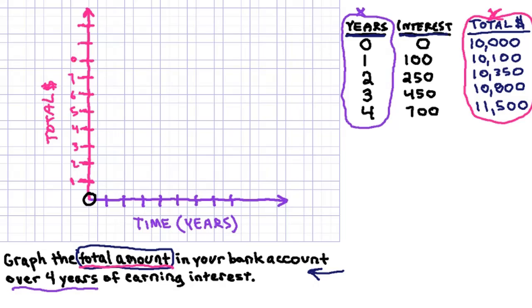So let's erase this. So what if we made each of these increments $2,000 each? So this first increment would be 2,000, and then 4,000, and then 6,000, and then 8,000, and then 10,000, and then 12,000. So we could do that. We could make it $2,000 each.